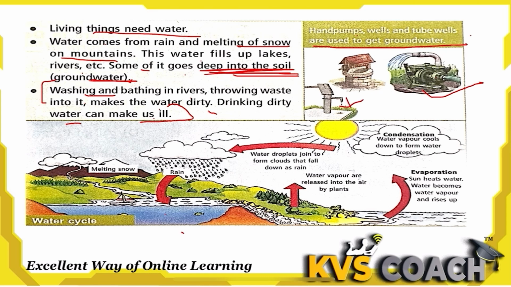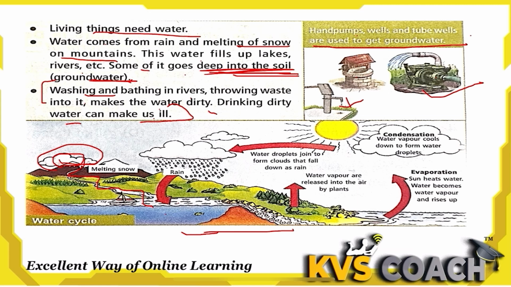Here you can see a diagram. This is the diagram of a water cycle. Look at this diagram. As you can see, water comes from melting snow. These are glaciers. When the snow melts into water, it comes into the river or sea or any other water bodies.